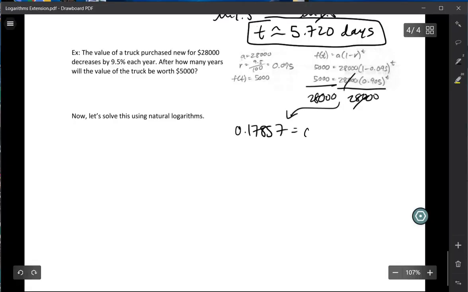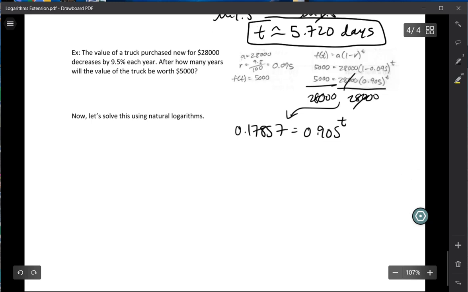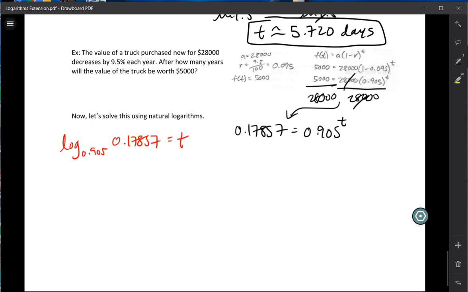0.17857 equals 0.905 raised to the power of t. From here, if you liked the common logarithm method, stick with that. Just do log base 0.905 of 0.17857 equals t, and then you can solve for t.